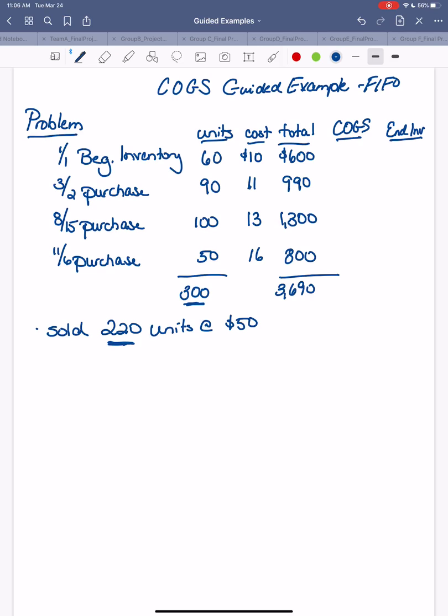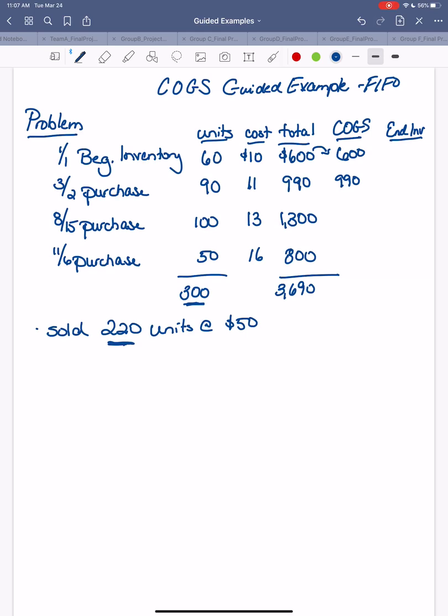Okay, so I know I want this first 60, so I'm going to move that 600 over. I know I want the next 90, okay, so now I'm up to 150, and I still need to get 70 more, right, because 220 units minus the 150 I've moved over is 70.